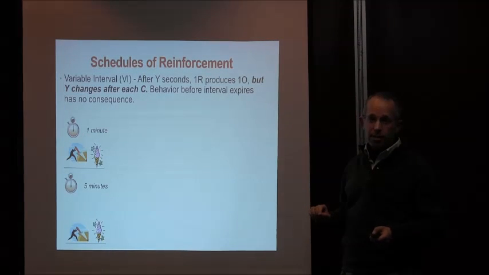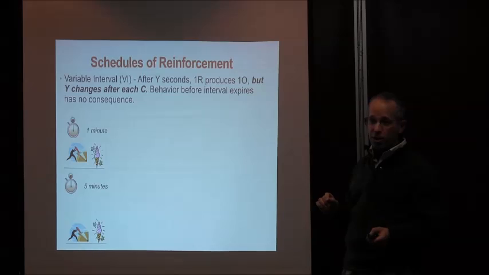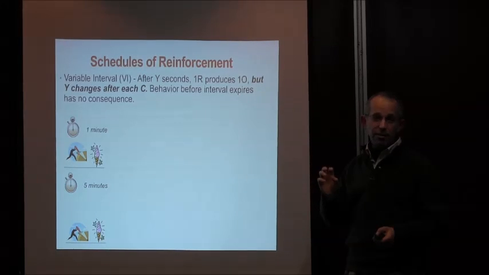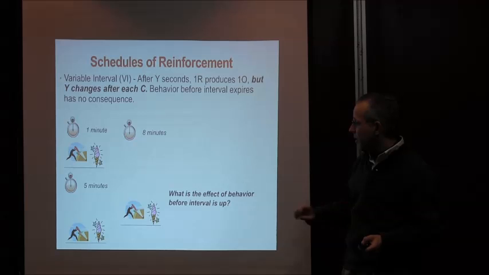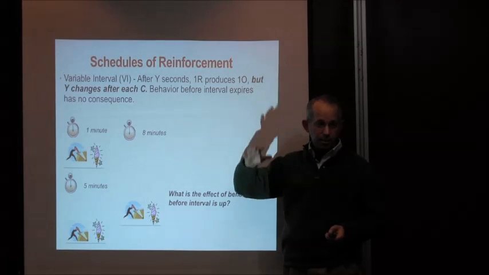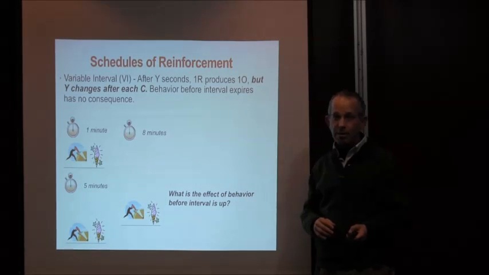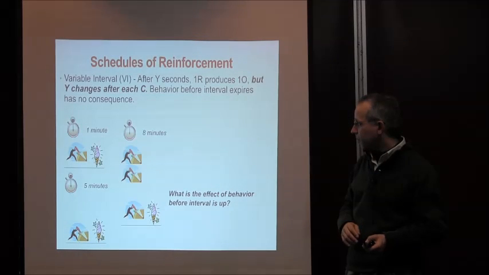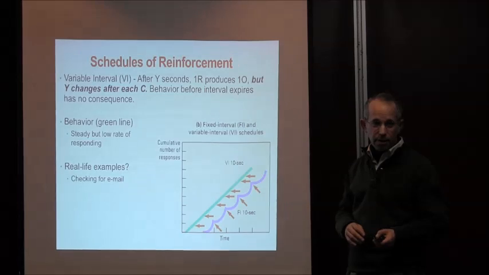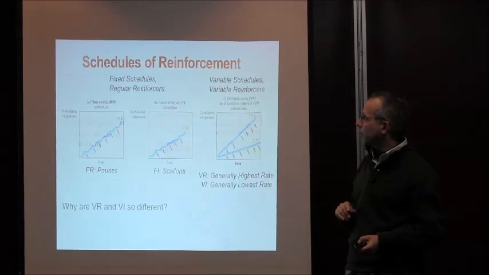So what it says is, just like a variable ratio means there's a certain percent of times, here the intervals vary across time, and there may be a sort of an average interval, but you don't know exactly what it is. And for any particular interval, again, you get still no effect. And I'll give you some examples here.